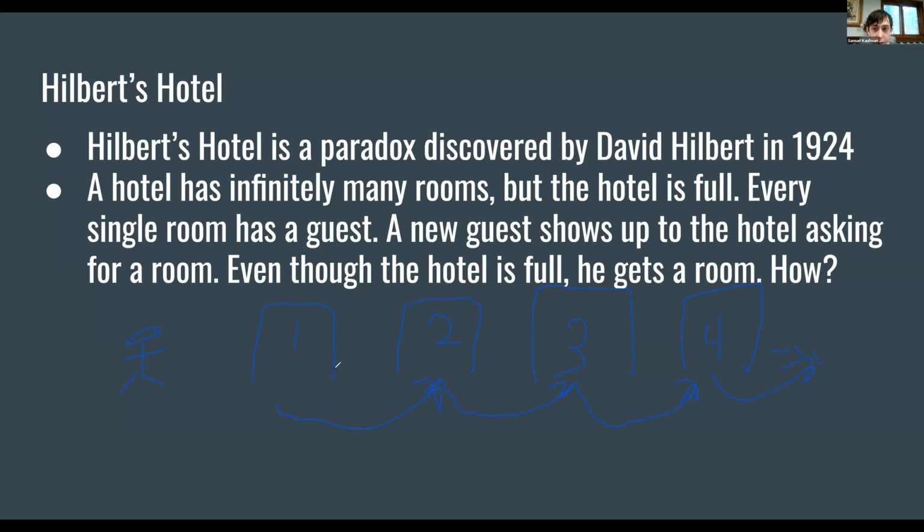Now we've emptied room 1, and our new guest can enter room 1. So that's how, with an infinite hotel, even though it's full and we have infinitely many guests, by telling every person to move over one room, we can make room for a new guest.